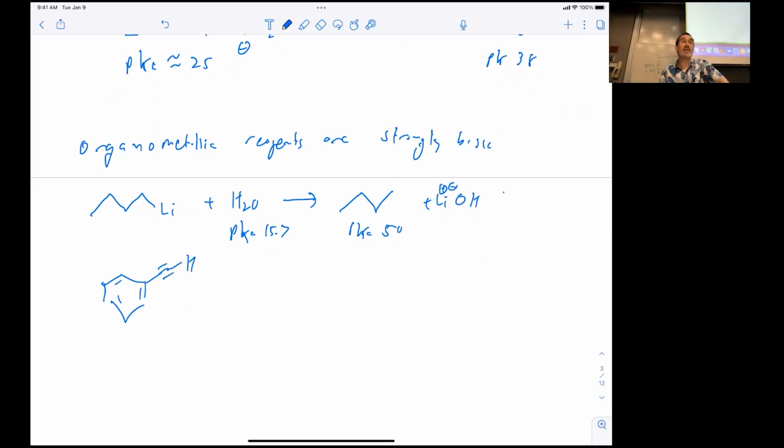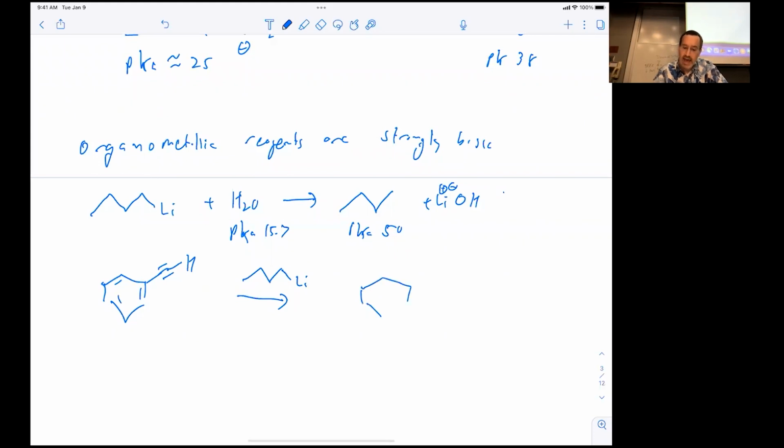If I take phenylacetylene and I treat it with n-butyl lithium, we already said, okay, the pKa of the conjugate acid of an alkyl lithium is 50, a butyl lithium is 50. The pKa of an acetylene is 25.